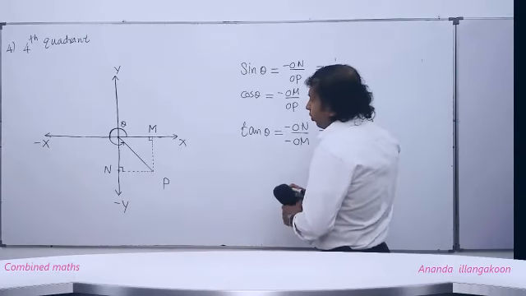Positive divided by positive is positive. And tan is the perpendicular projection of OP on the y-axis, which is minus, but OM is positive, coming from the positive x-axis. Negative by positive is negative. Then you can see in the fourth quadrant, only cos is positive, right? Fourth quadrant, only cos is positive.